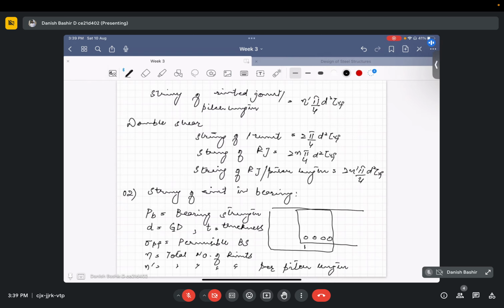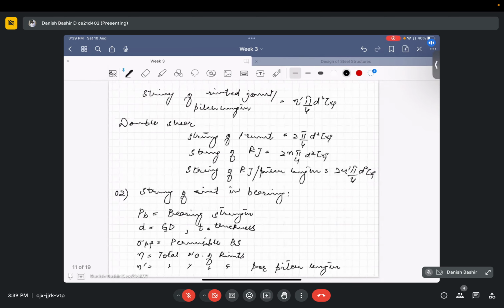If it has a pitch like this, then the number of rivets coming within this pitch length is known as n dash. It's along the stretch direction, this is the row of the rivets. Okay, you got the point. So that is per pitch length.